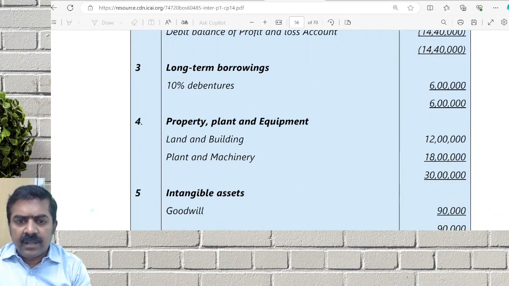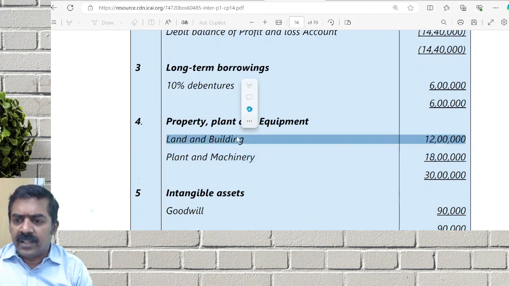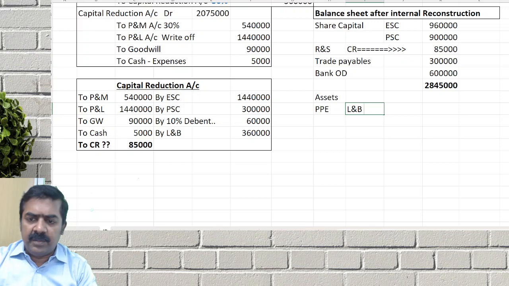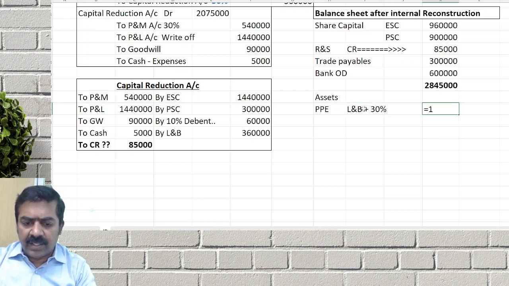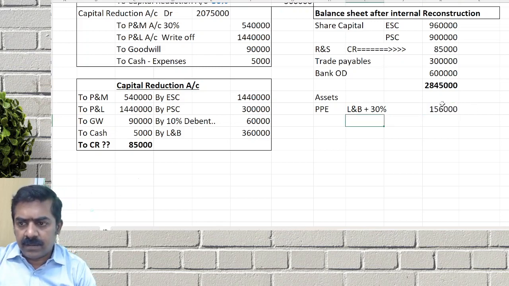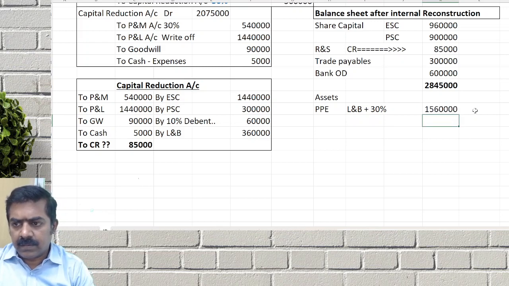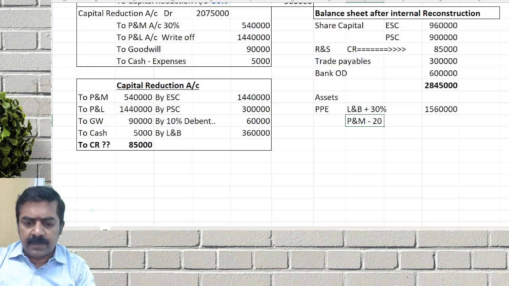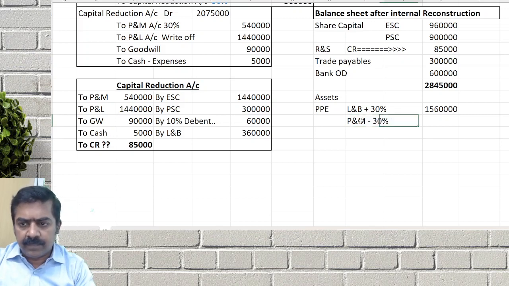Land and building was taken over, right? Appreciated. There, okay. Land and building plus 30%, take 12 lakhs. 12 lakhs. 15 lakhs. Then plant and machinery minus 30%. 18 lakhs.